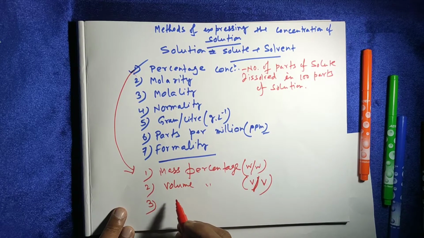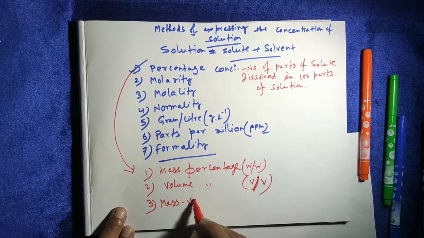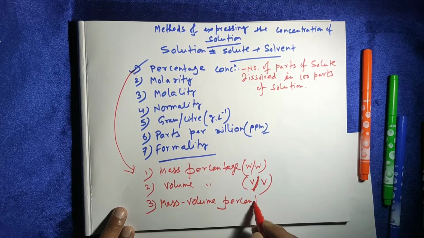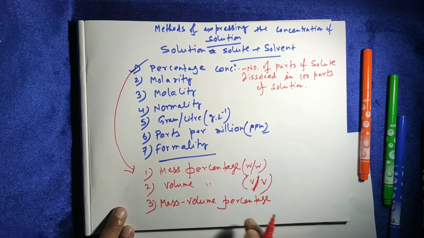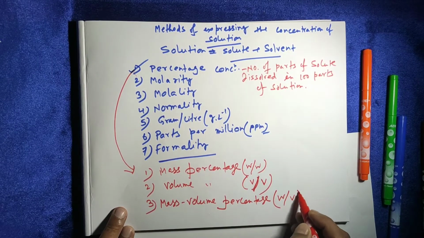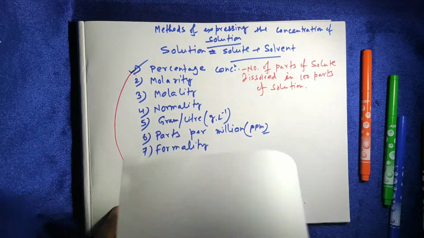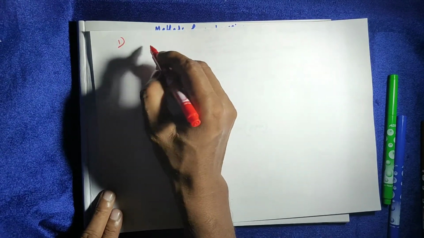Number three, mass volume percentage, which you can express by W per V. So at first, number one, mass percentage.